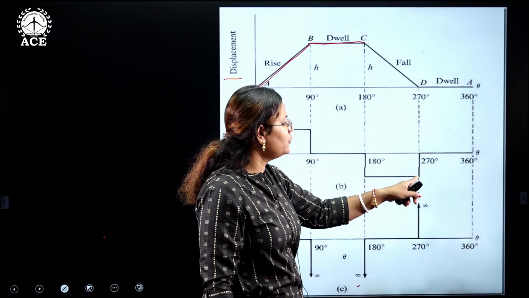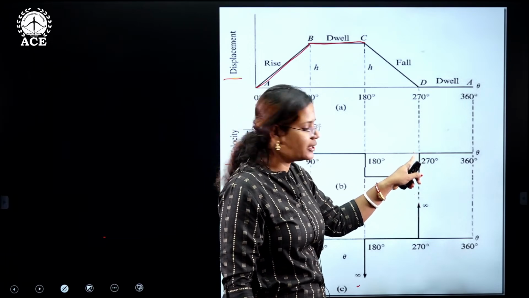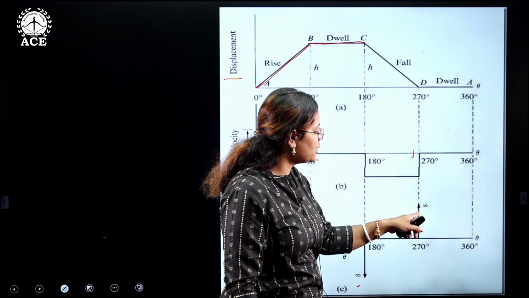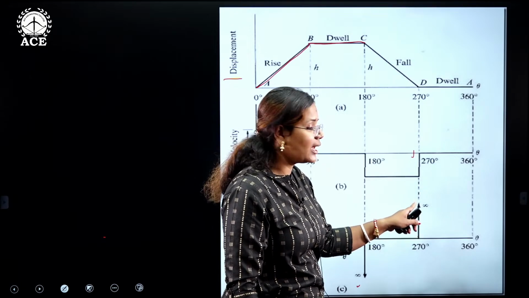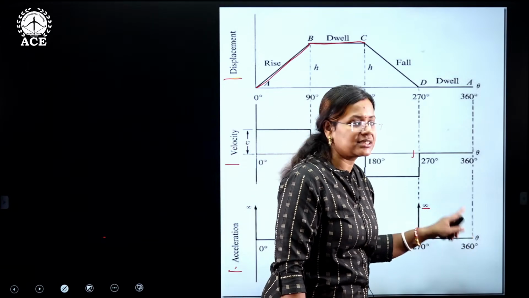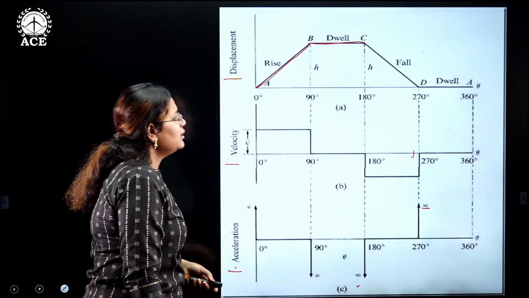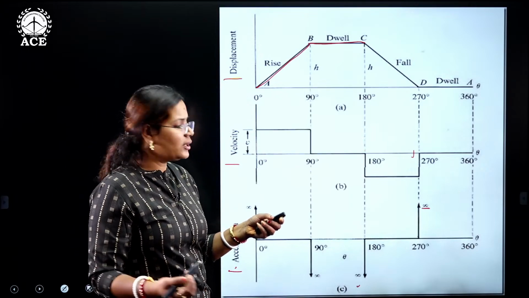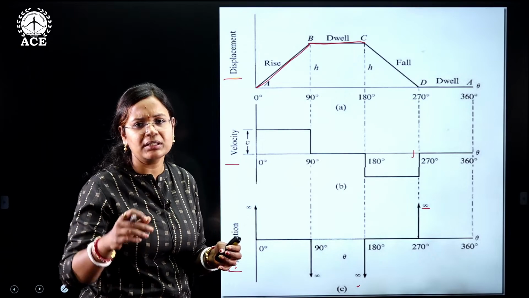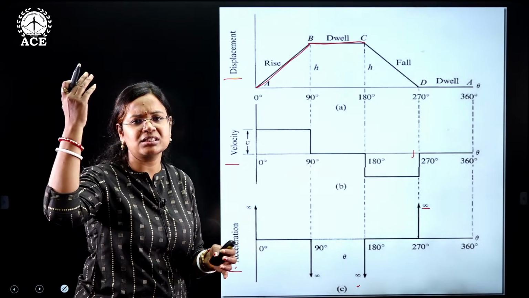If you see a curve over here, it is going to rise till 0 degrees. Again here also, you have increased the velocity, with the acceleration reaching infinity. Then comes dwelling or the rest period till 360 degrees. Now, is it possible that whenever you start a vehicle, it accelerates immediately and reaches the highest speed?